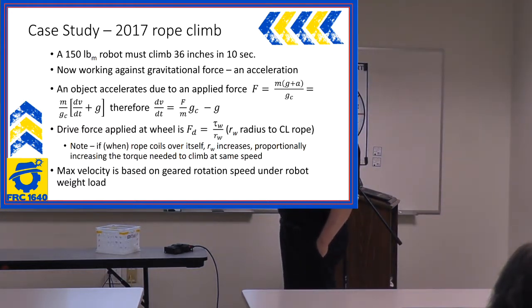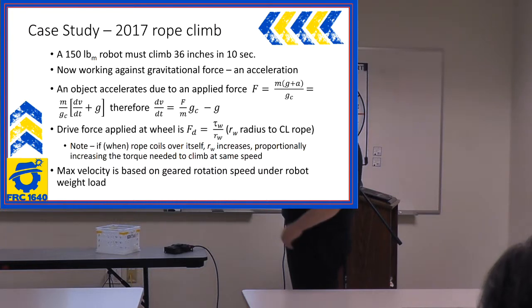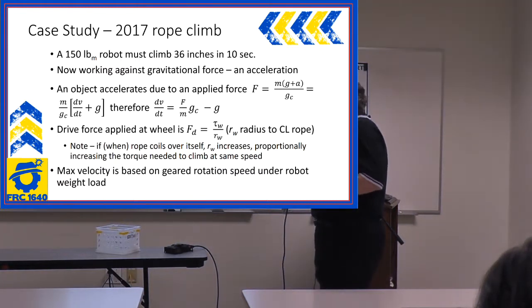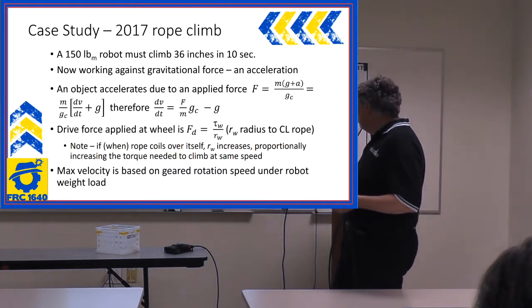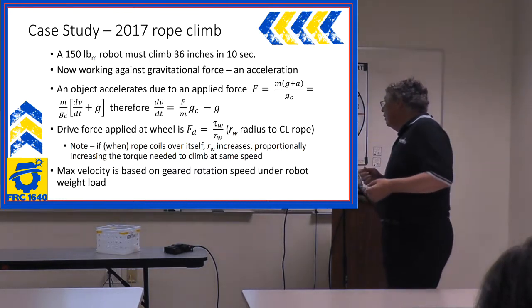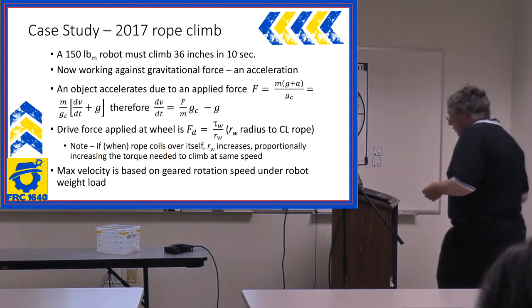So your acceleration, dv/dt, is equal to force over mass times the gravitational constant, minus the gravitational acceleration. The drive force that you need to apply at the wheel, the F sub D, is the torque available at the wheel axle divided by the radius of the wheel.